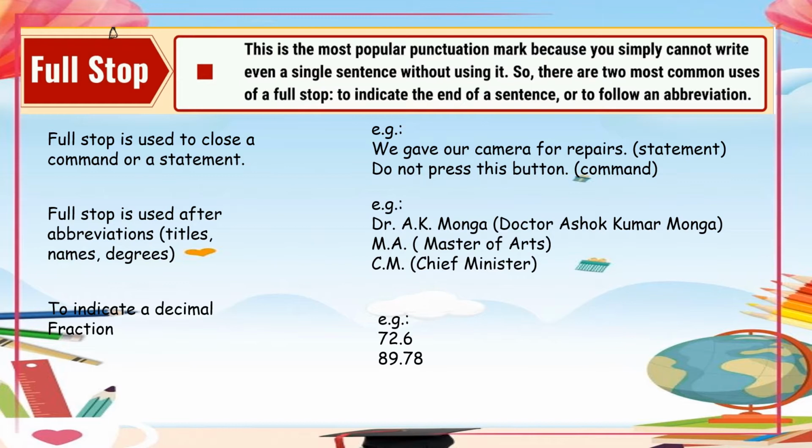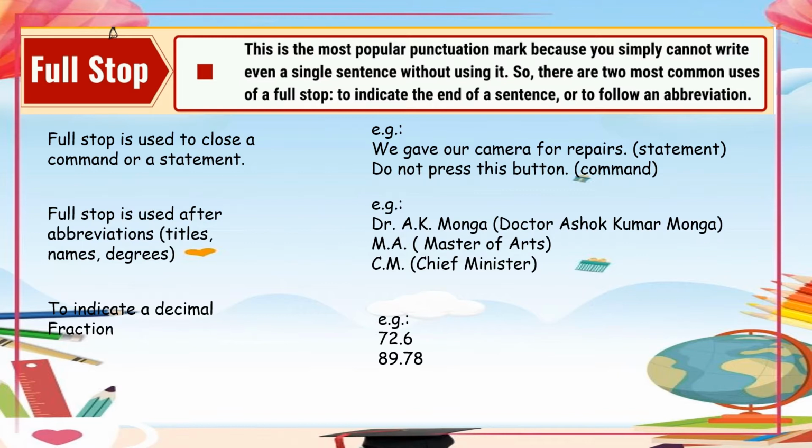Giving an order, like. A full stop is used after abbreviations like Dr. A. K. Monga. That is the full form of A. K., Ashok Kumar Monga. So whenever we write our names in future, when you're children you may write your full name, but when we grow up we normally tend to go with initials, and only the last name or first name we write in full, the rest everything in initials, like in abbreviation format.